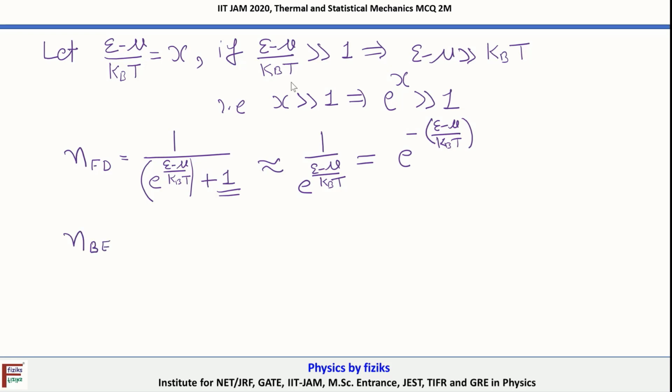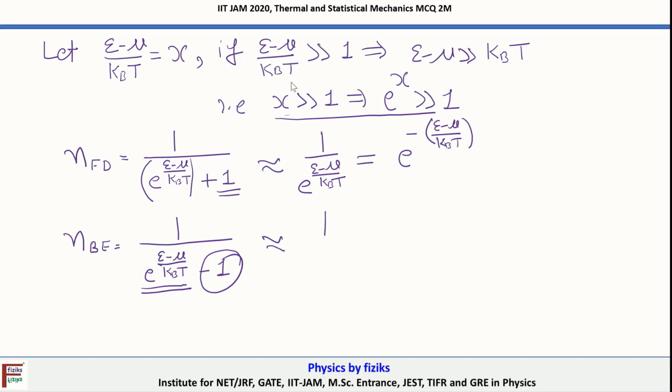Similarly, we can approximate the Bose-Einstein distribution under the same approximation. It becomes 1 upon exponential (E minus mu upon k_B T) minus 1. Again the same scenario: this quantity is much larger than unity, so we neglect the 1 here.